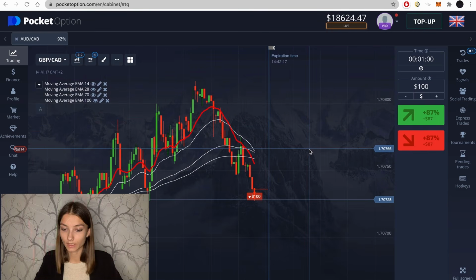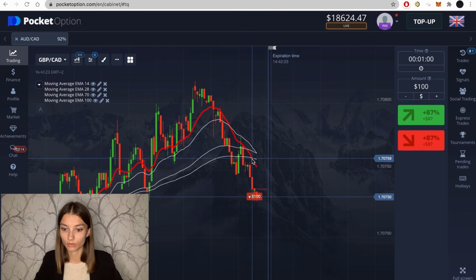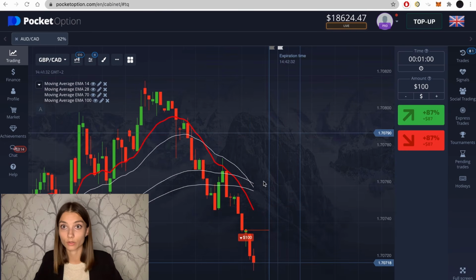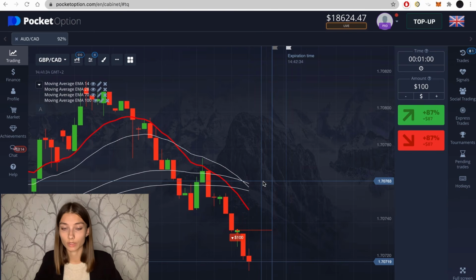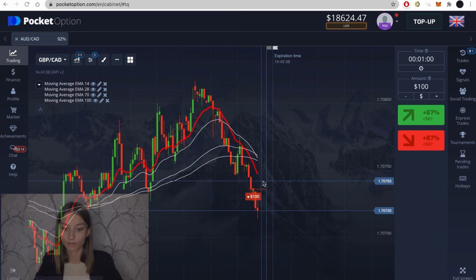Here I opened a deal because our moving average being above these 3 moving averages gradually fell down and finally crossed it at this point. The deal should have been put earlier, but I put it as soon as I saw it, and now we will see what happens next.